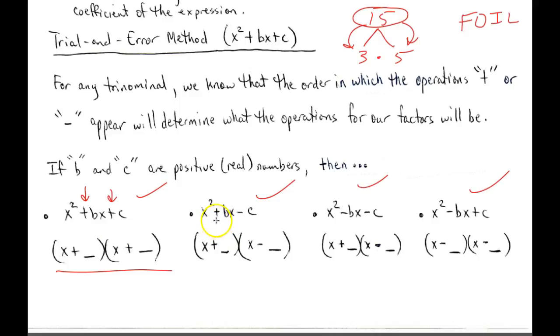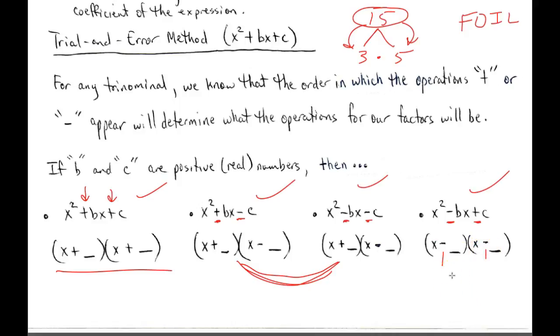When we have plus minus or minus minus, then in both of these cases, one of our factors is going to have an addition sign and the other is going to have a subtraction sign, okay? And for the last one, if we have minus plus in this order, then we know that both factors will have a subtraction sign in them, okay?